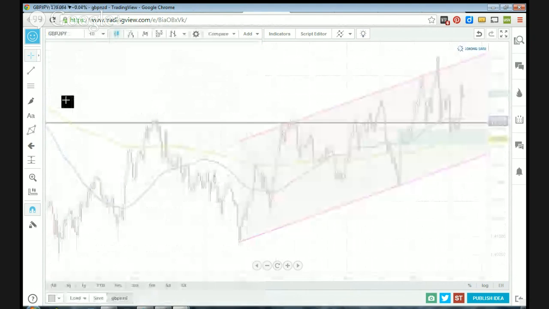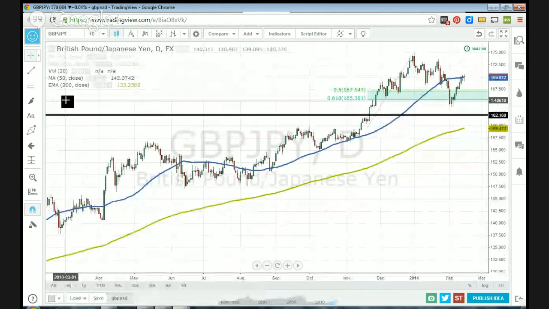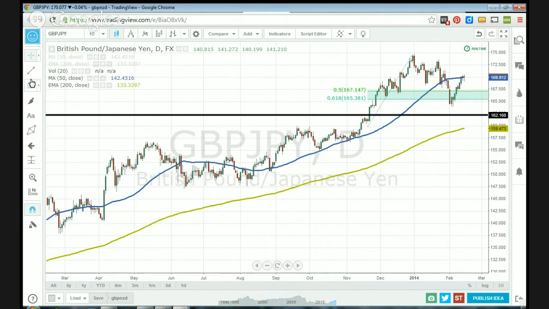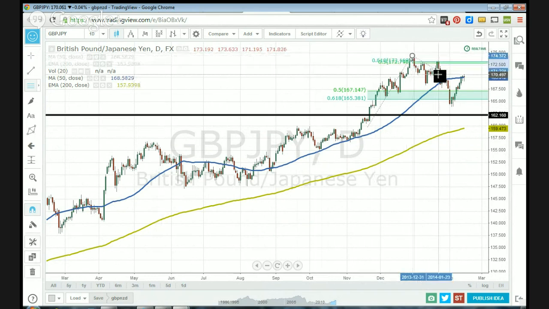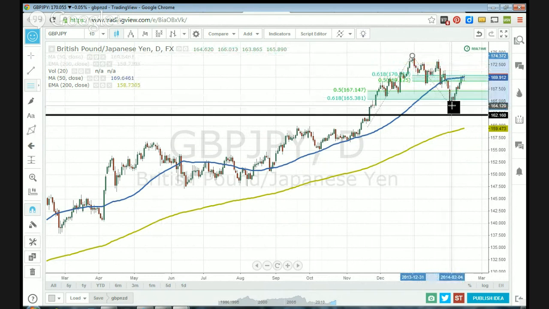Pound yen. Okay. Pound yen, still looking at this, it looks like it's getting ready to reverse. So some people may be interested in trading this from the short side, and I wonder if that's me. Okay, that is interesting.